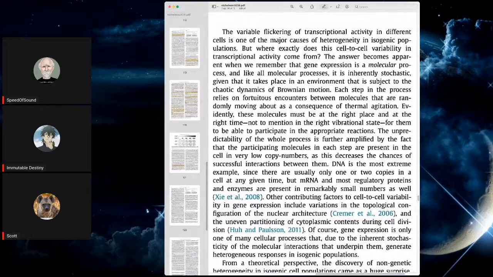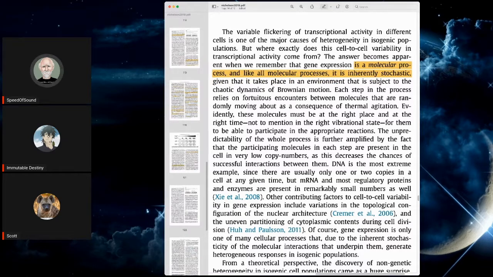Okay. The variable flickering of transcriptional activity in different cells is one of the major causes of heterogeneity in isogenic populations. But where exactly does this cell-to-cell variability in transcriptional activity come from? The answer becomes apparent when we remember that gene expression is a molecular process, and like all molecular processes, it is inherently stochastic.